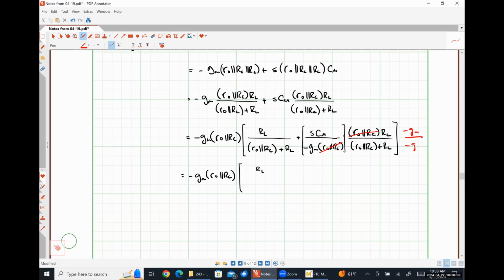I'm going to multiply both sides through by negative gm over negative gm, just to get rid of a negative gm in that denominator, and you'll see why in a moment. So this is going to look like negative gm RL all over R naught in parallel with RC plus RL.